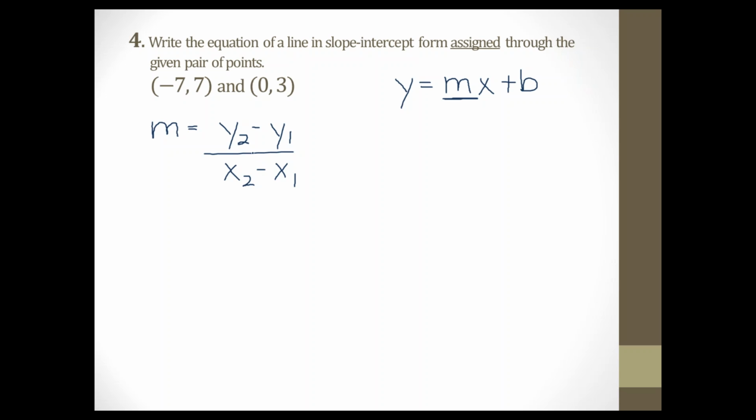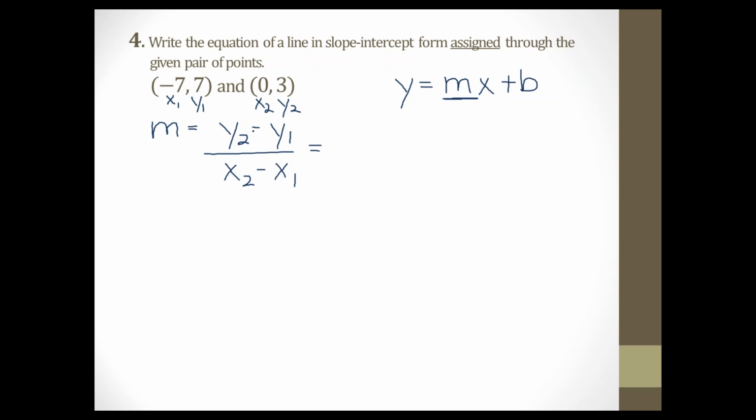So, having our formula, let's label our points. This is our first point, so I'm going to label it x1 and y1, and the second x2 and y2. And then I am going to plug these numbers into my formula.